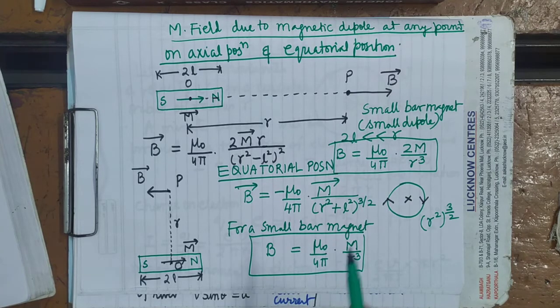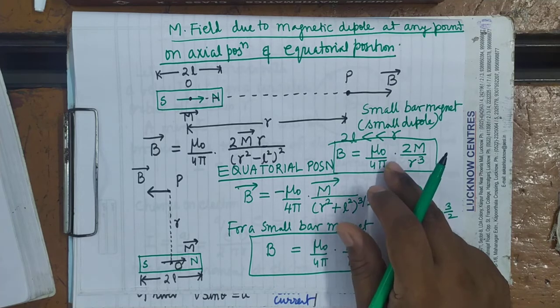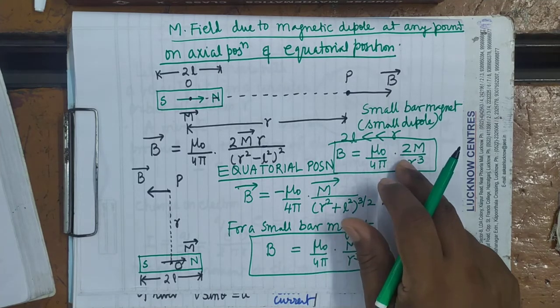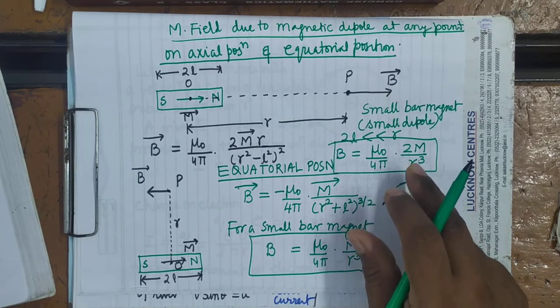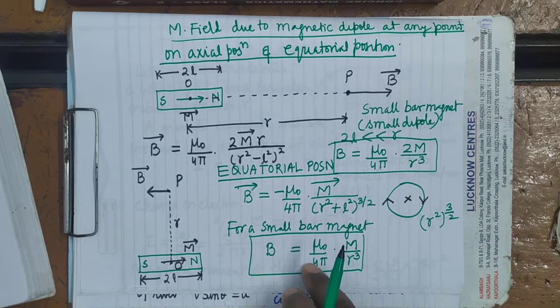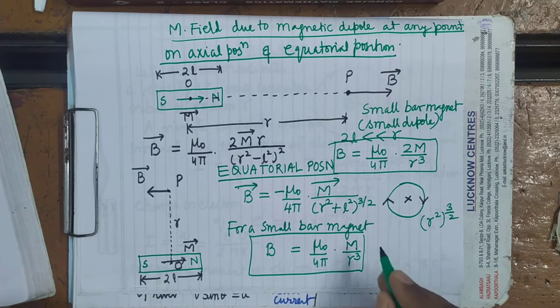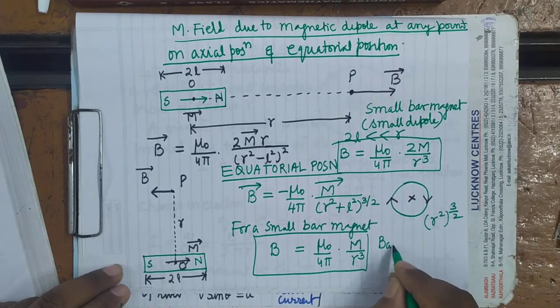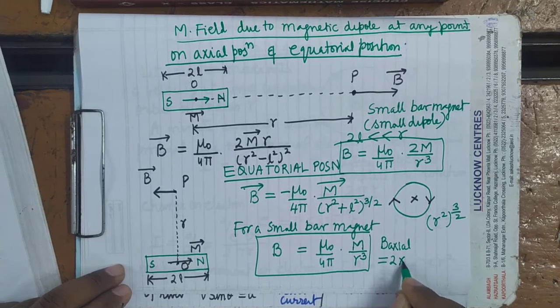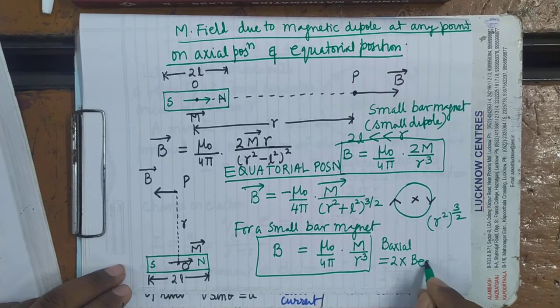We can say that due to a small dipole, the magnetic field on the axial position at any point will be twice the magnetic field at the same distance on the equatorial position. B axial is 2 times B equatorial.